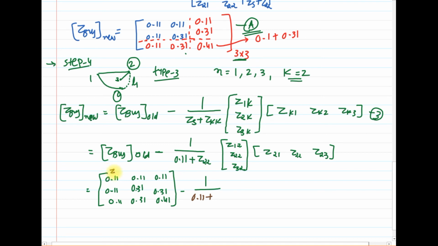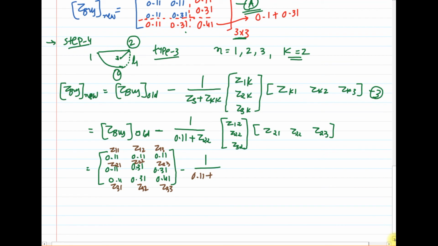I will write over here Z11, 12, 13, 21, 22, 23, 31, 32 and Z33. So just substitute the value of each and every element of Z in this equation from this old bus matrix.